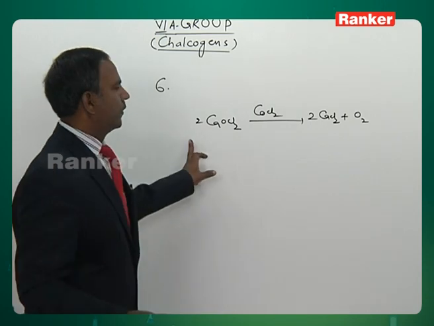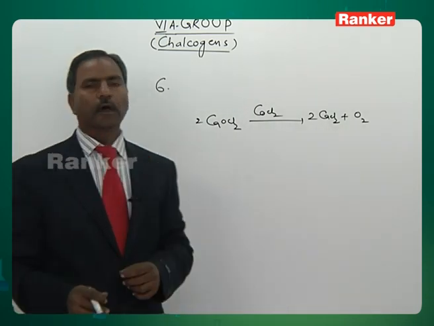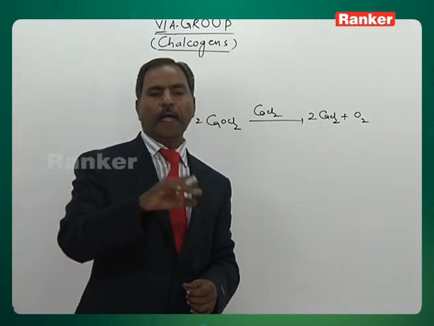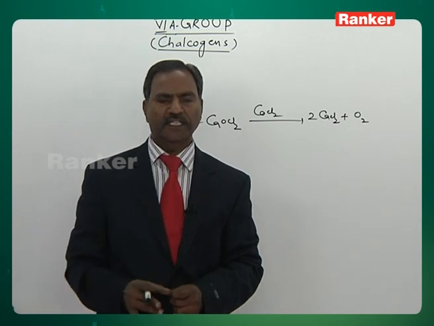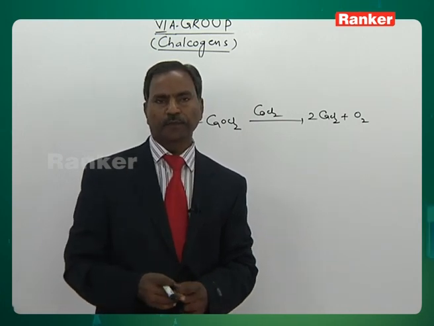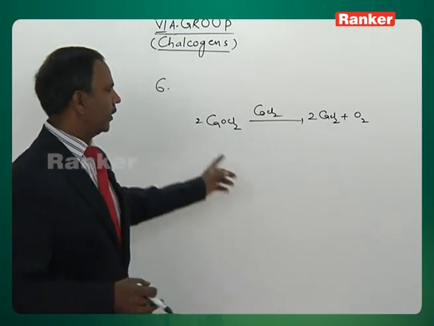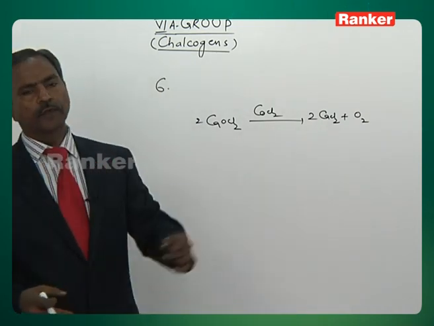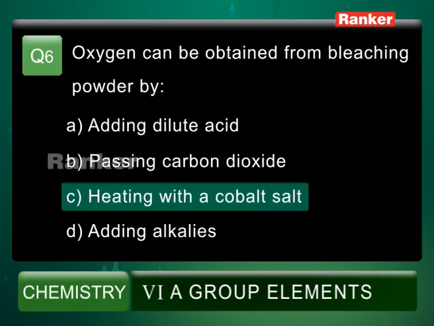In this way, you can get oxygen from bleaching powder. Therefore, for question number 6, adding dilute acid, you are getting chlorine gas. Passing carbon dioxide, also you get chlorine gas. And heating with cobalt salt, in this way it is decomposing and producing oxygen. Therefore, for question number 6, answer is C.